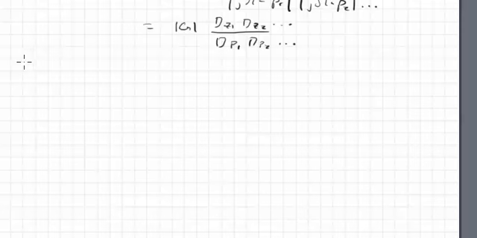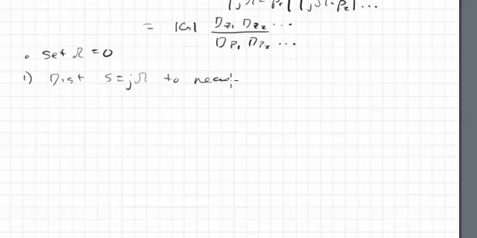Alright, just to formalize this, let me write the procedure out. You set omega equal to 0, and then we're going to increase omega with each one of these steps. The first step is you measure the distance from s equals j omega on the j omega axis to the nearest zero.